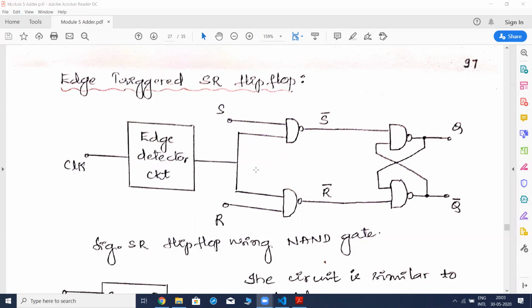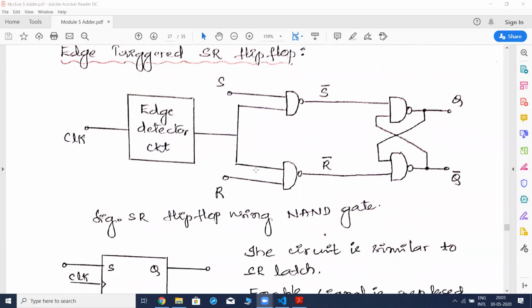So how is a flip-flop constructed? A flip-flop can be constructed using NAND gates as well as NOR gates. But as I have already told in the previous sessions, we are discussing the flip-flops with respect to NAND gates. That's why make sure that you are familiar with the NAND gate truth table.